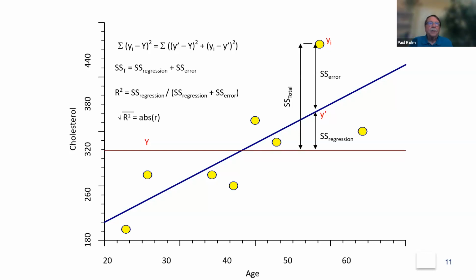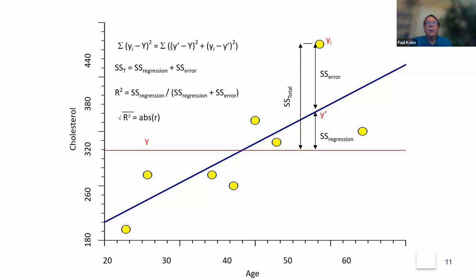And it turns out if we take the square root of the R squared, we get the absolute value of the correlation coefficient. We wouldn't know the direction until we actually plotted it and got the regression coefficient itself, whether it was positive or negative.